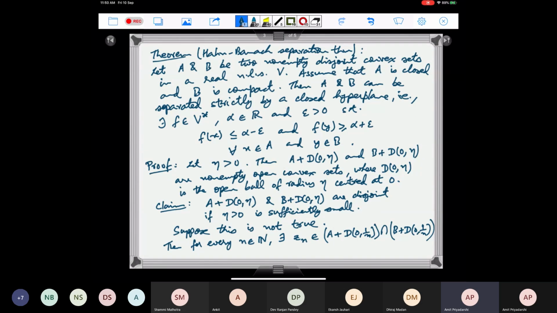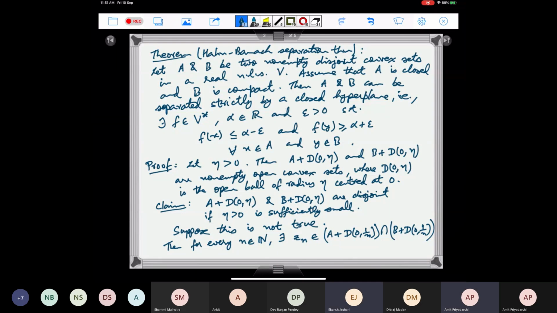So if you have two closed sets, you can separate them by open sets, and they will be balls, so they will be convex.